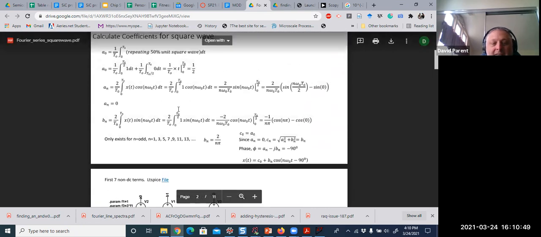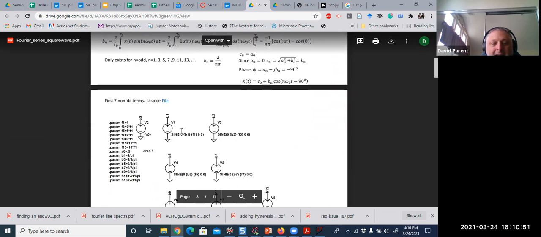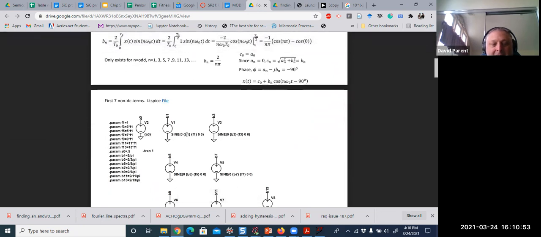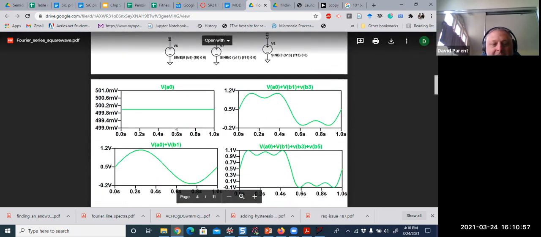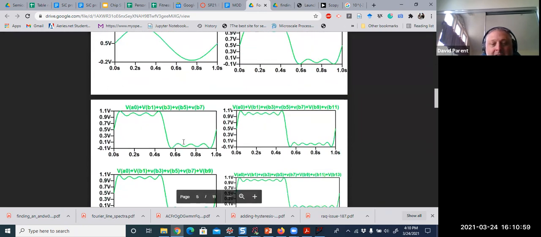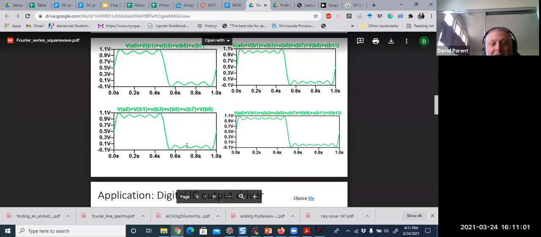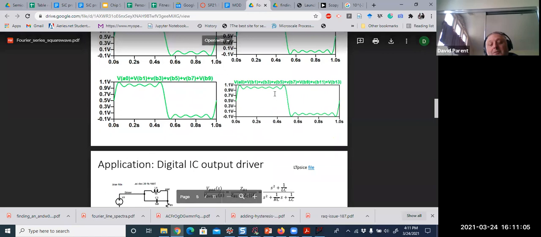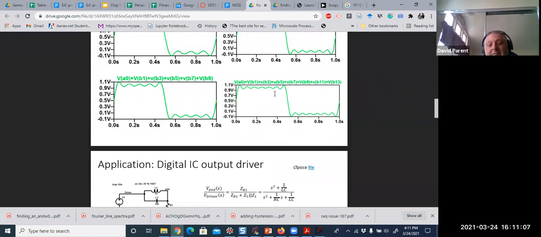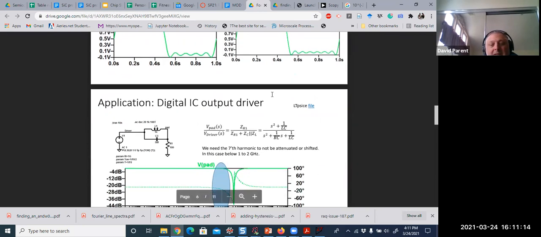In LTspice, I have the B coefficients, I'm calculating everything, and you can see how I keep adding more and more sine waves, and it gets closer and closer to the square wave. In fact, it never actually equals the original wave. There'll always be this ripple, but that's a subject for another day.